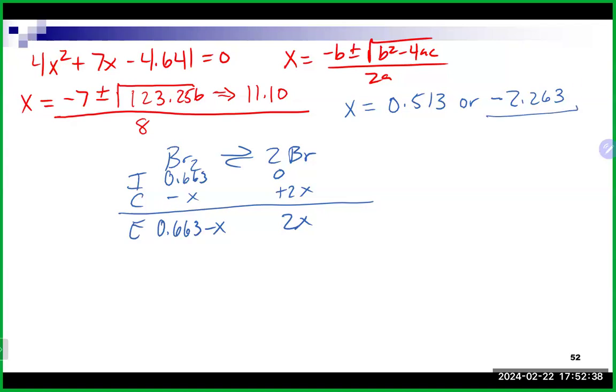The negative number would not be good because these are the x values that we would put back into here. And clearly, if I take 2 times that negative number, I'm going to get a negative concentration, which doesn't work, so good for chemistry, huh? So this number is not going to work because when we put it back in, we're going to get a negative number, right? Negative number, unhappy face. That's not so good.